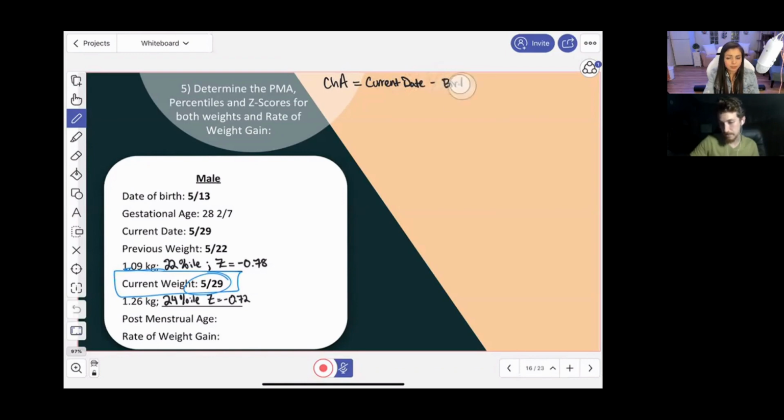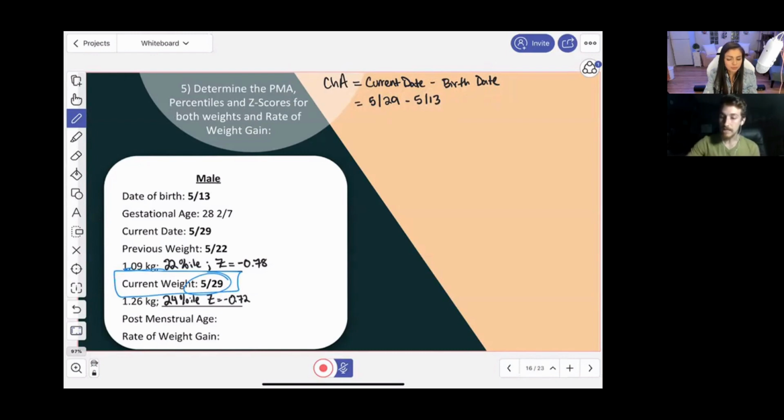That's going to be the current date of 5/29 minus the birth date of 5/13. And we've been over this in module 2 specifically, as well as maybe some before and after.